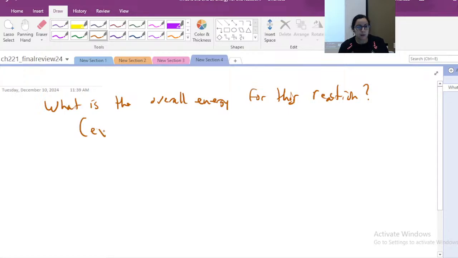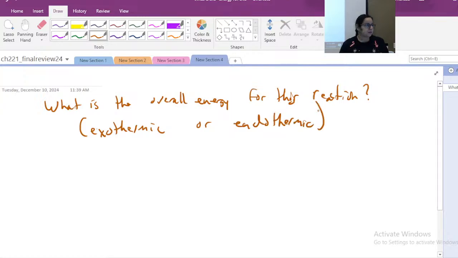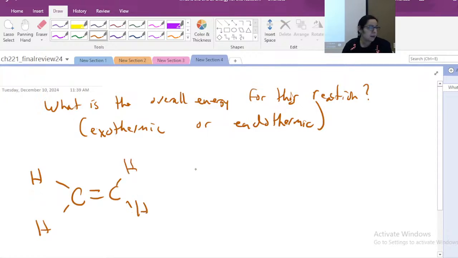Of course, we want to determine, is it exothermic or endothermic? And so it looks like we're going to be taking ethylene here. Let's see, double bond. And then this is called a bromination reaction.